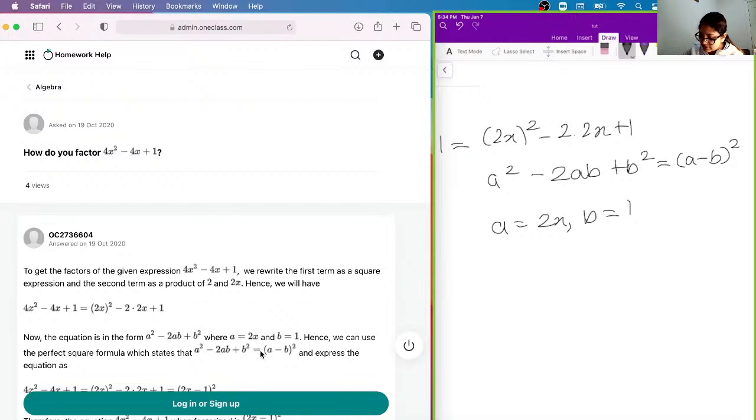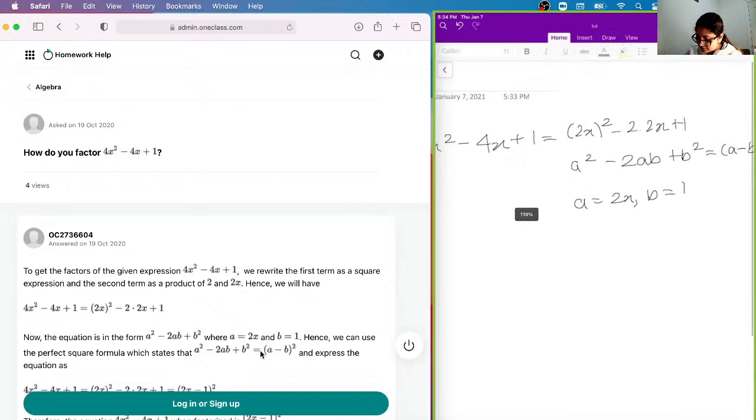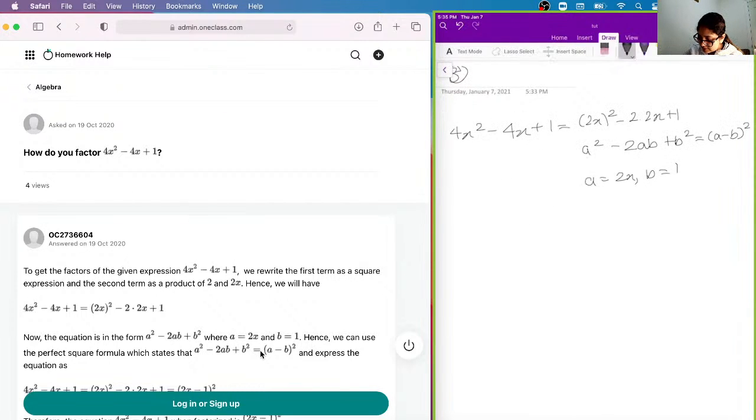So we can rewrite 4x squared minus 4x plus 1 as a minus b squared, which in this case will be 2x minus 1 squared. Okay, so we can write this in factored form.